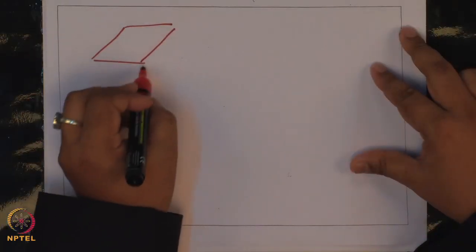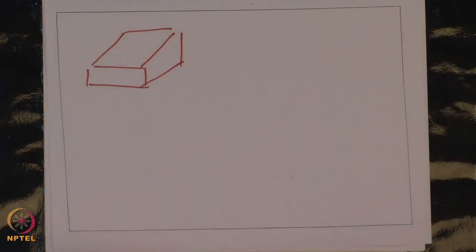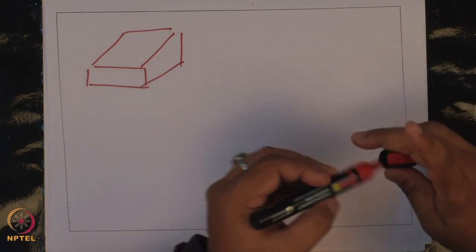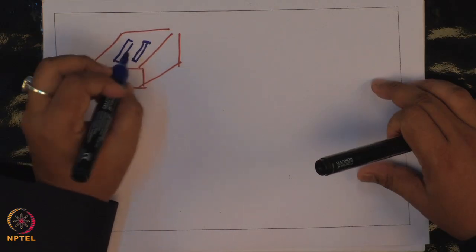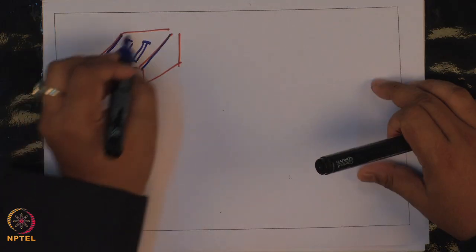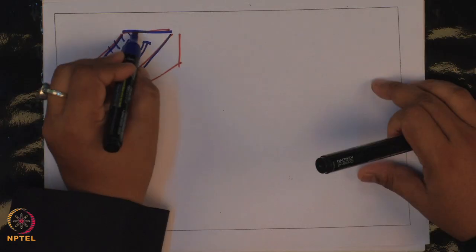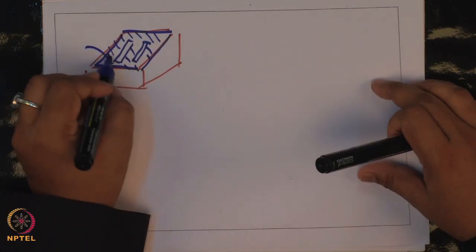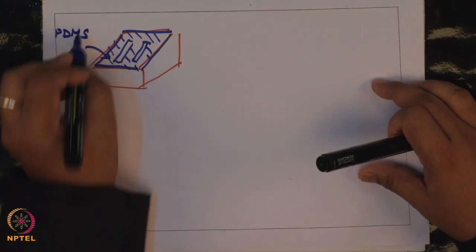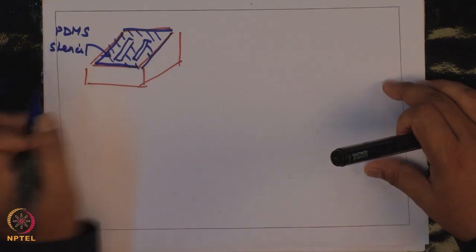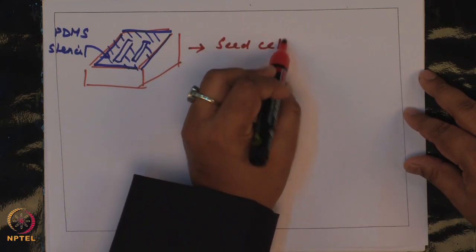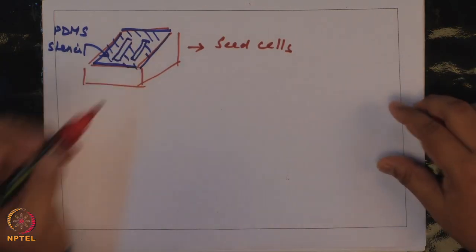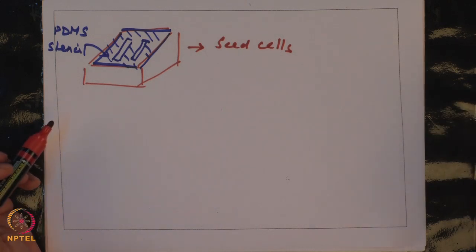Let me first describe the setup. Say this is your glass cover slip or top surface. The authors designed a stencil, made of PDMS, an elastomer stencil. What you do is you seed cells on this surface. In this entire hashed region in blue, cells cannot sit.